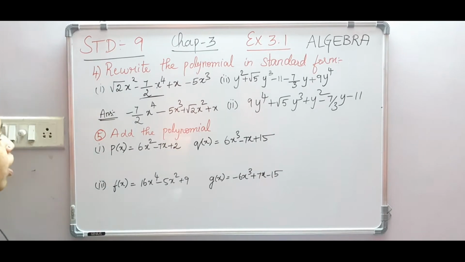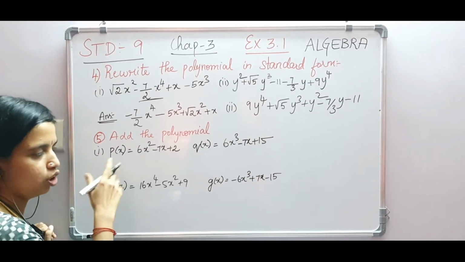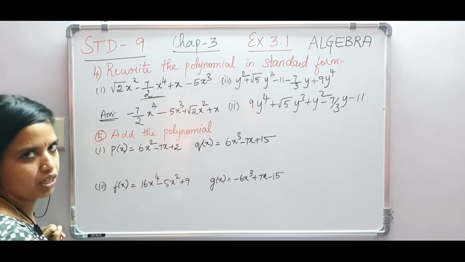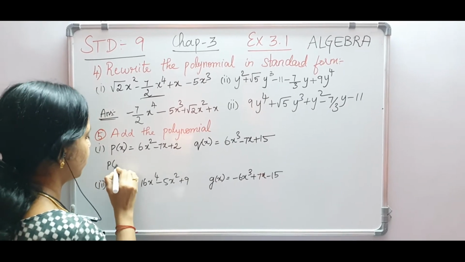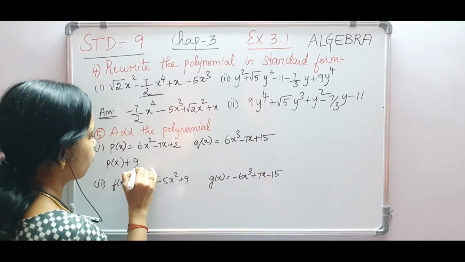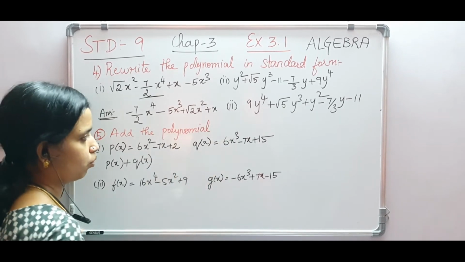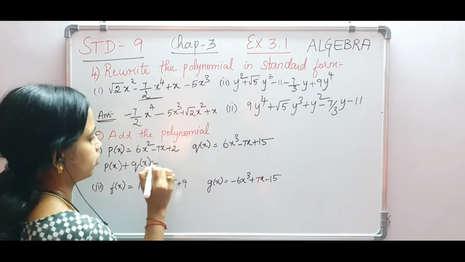Okay, let's move to the fifth sum. They are given two polynomials. Now we can see how to add those polynomials. So we are going to find p of x plus q of x. Here is one polynomial and here is another polynomial.